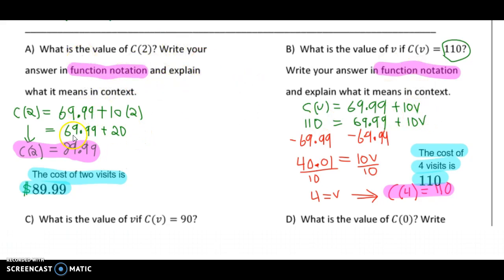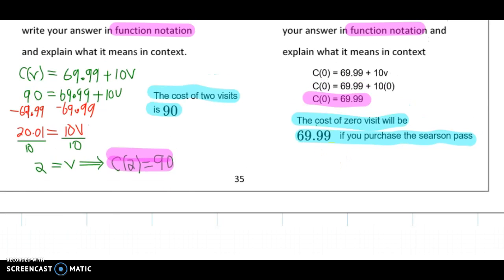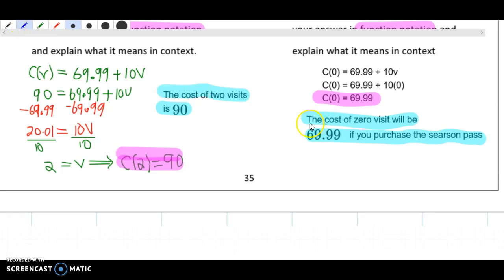For 2 visits, it's $90. We're going to use whole numbers because we're graphing. For 0, we'll round it to 70. So that's one ordered pair. We can write this as an ordered pair: 0, 70.